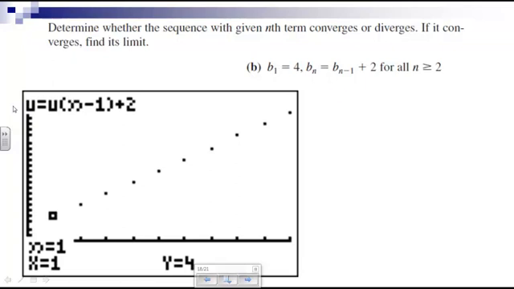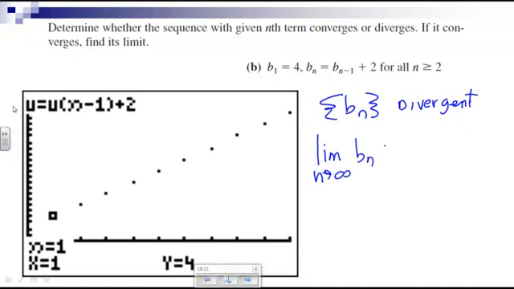In the right grammar, we would say this sequence, b sub n, is divergent. Or that the limit as n approaches infinity of b sub n, DNE. The limit does not exist.